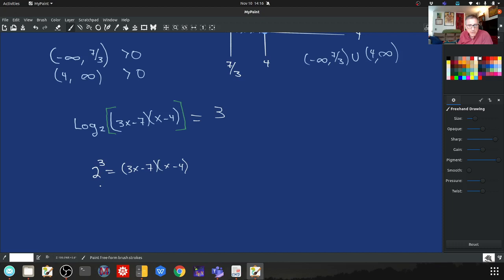So 2 to the third is 8, which is equal to 3x times x, which is 3x squared. 3x times minus 4 is minus 12x. Minus 7 times x is minus 7x. Minus 7 times minus 4 is plus 28. So I'm going to set this equal to 0.